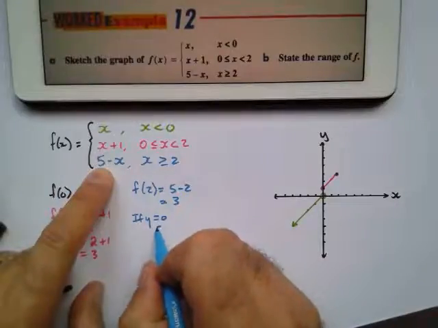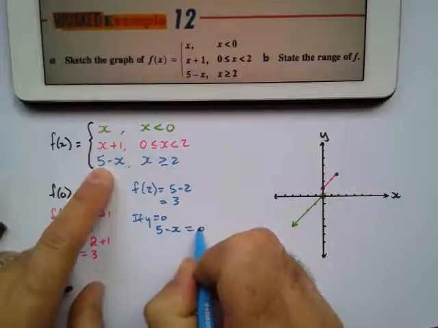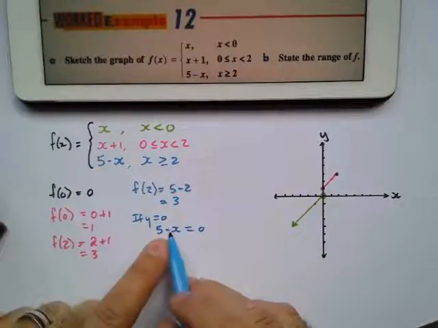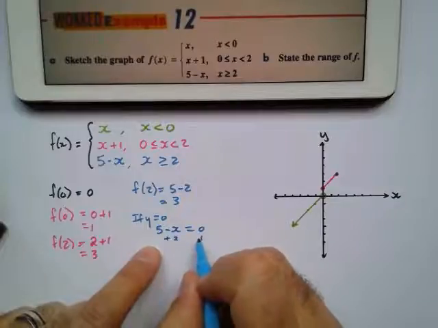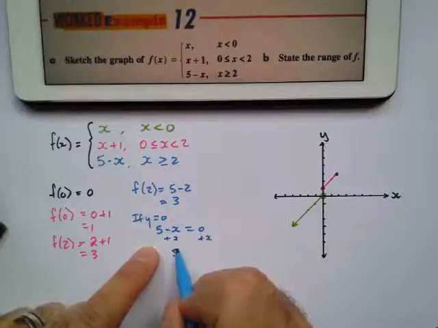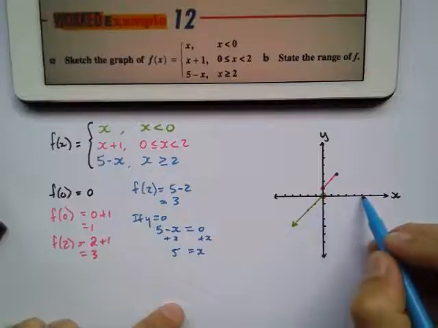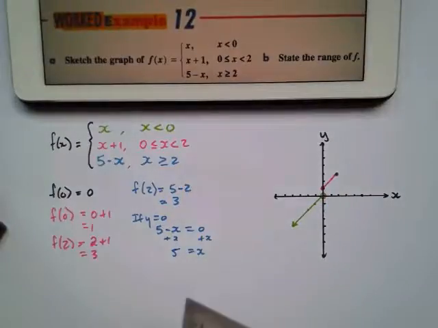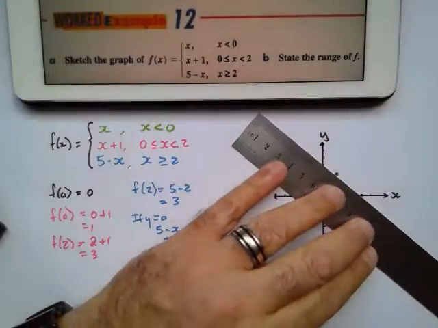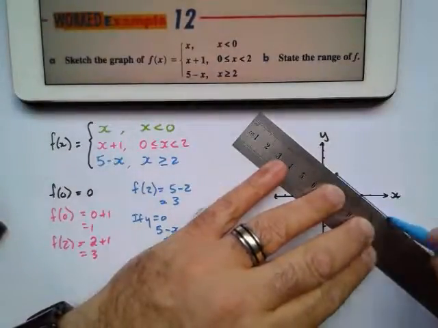If y is 0, 5 minus x equals 0. I'm going to add x on both sides. Then I'll have left 5 equals x. So 1, 2, 3, 4, 5. It's going to go through there. It's also going to be a straight line. And there's my hybrid function.